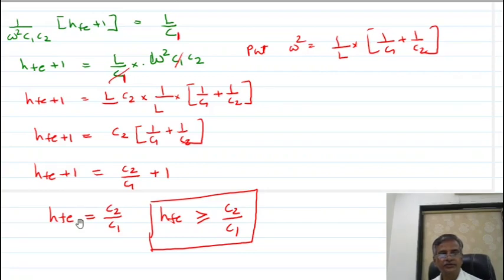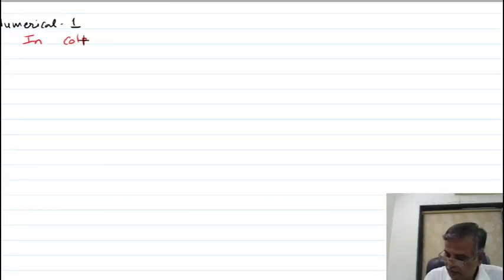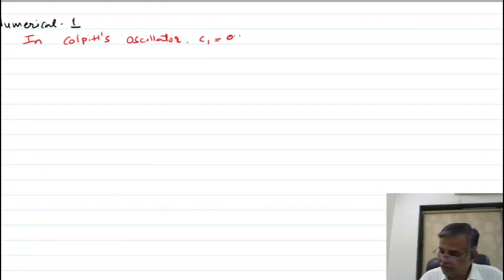Let us do a numerical based on the Colpitts oscillator. In a Colpitts oscillator, C1 is given as 0.2 microfarad and C2 is equal to 0.02 microfarad.